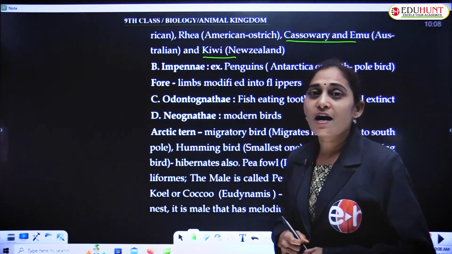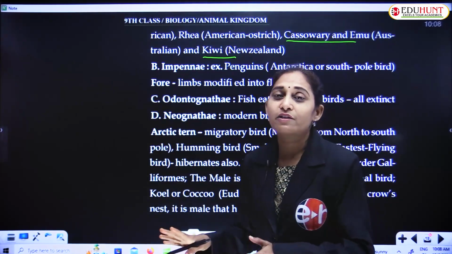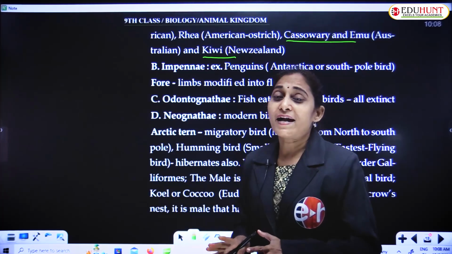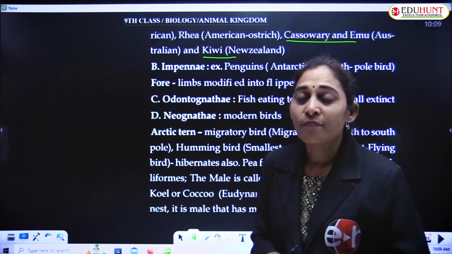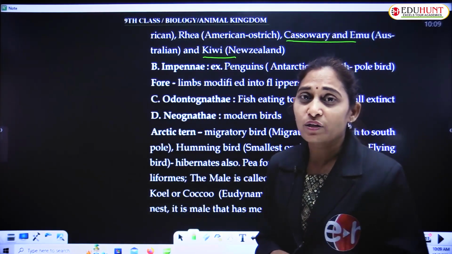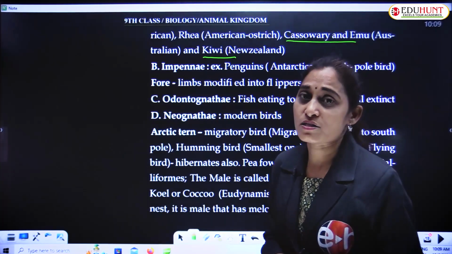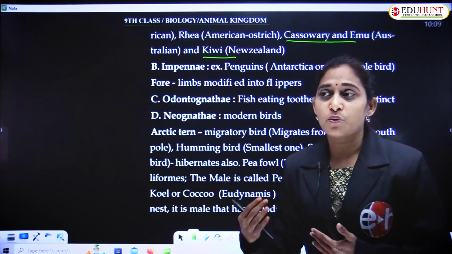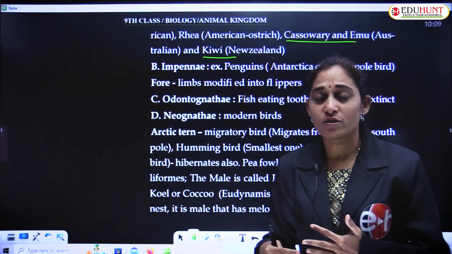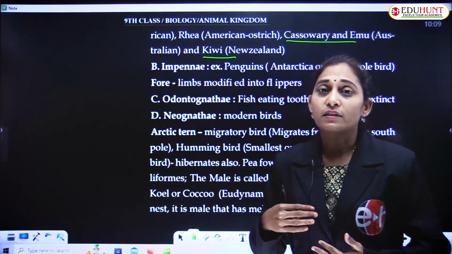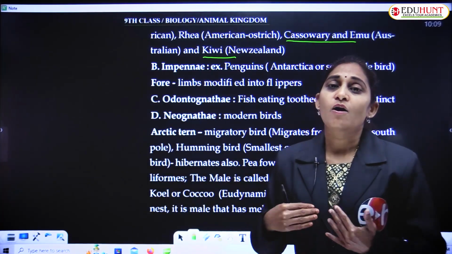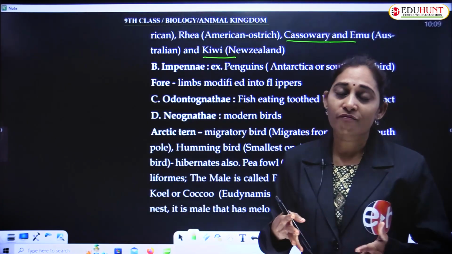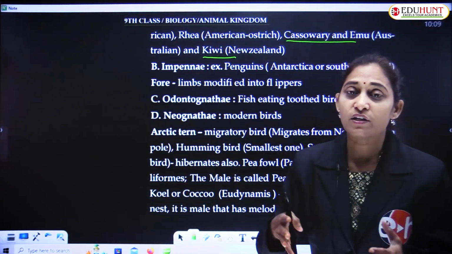So these birds show discontinuous distribution, like we find in dipnoi fish, which are found in Africa, America and Australia. Their distribution is not continuous, that is, they are not distributed evenly or globally. They are found only in certain regions of the globe.